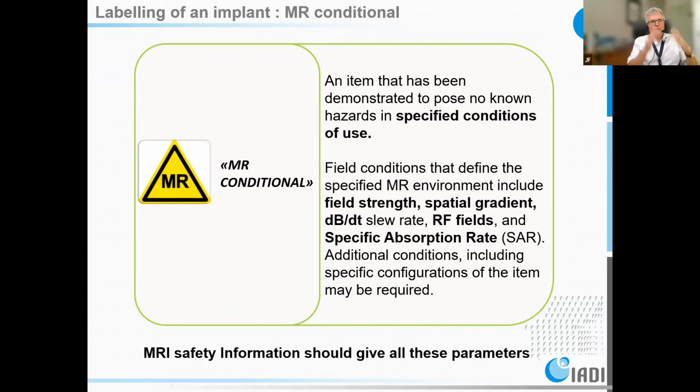Don't use a SAR of 2 watt per kilo, but only 0.1 watt per kilo. And after you can use it. So you have to follow this. For each medical device, you have to go to this MR conditional condition and see where you can use it. And this is very important. I will go through this next time and explain how you can label all this.